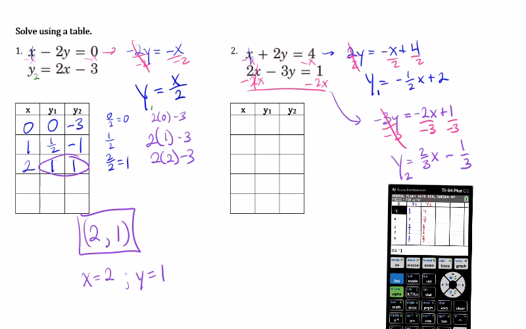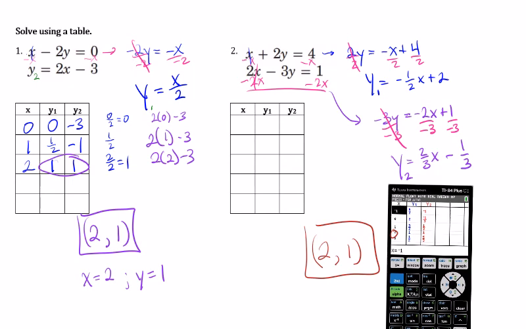And we see that they actually match up at 2, right, at x equals 2. So this one actually has the same solution as the last one, 2, 1, right? When x equals 2, they both equal 1. All right, so that's our answer for this one. So that's how to use your calculator table to find solutions to equations.